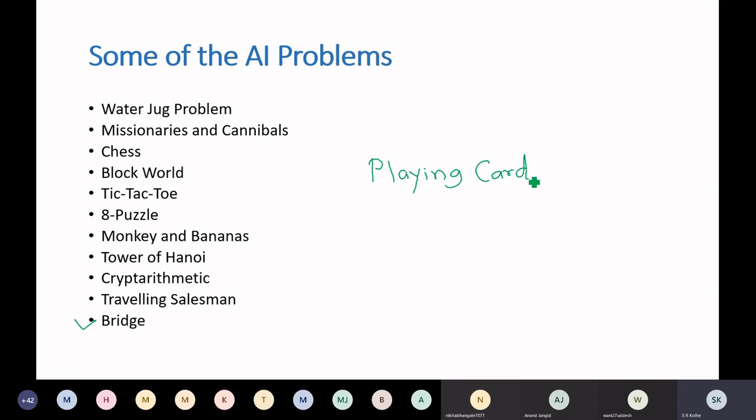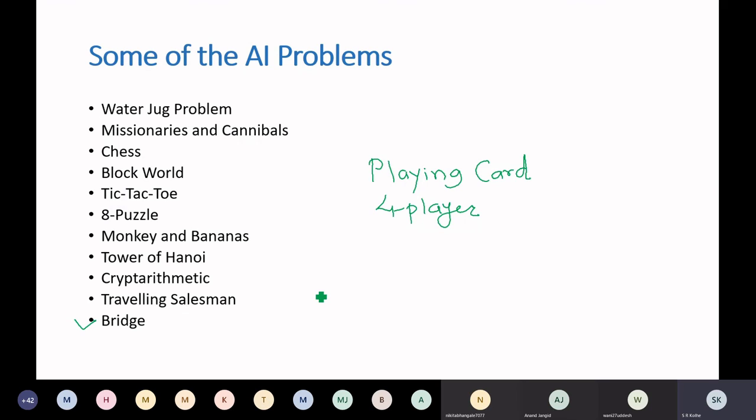So that playing card game is there. Here 4 players play this game, and a highly uncertain environment is there. For example, the computer will be one of the players when you play bridge on a computer, and the other 3 players might be human beings. So your computer program has to be as intelligent as humans to win the game.